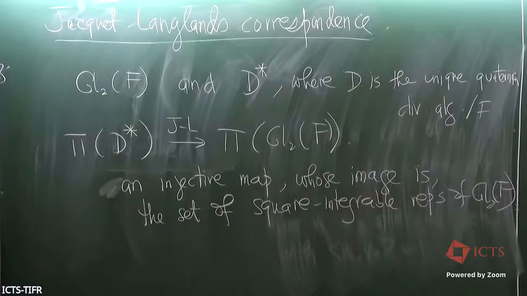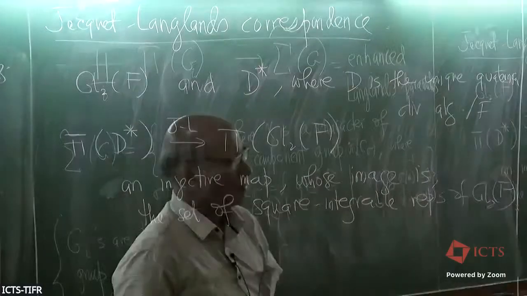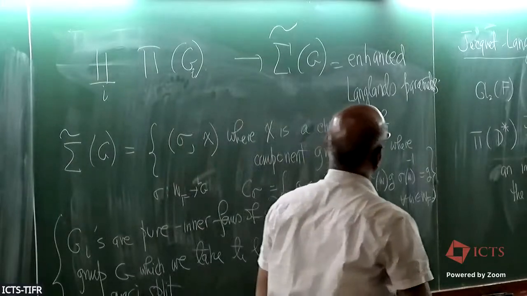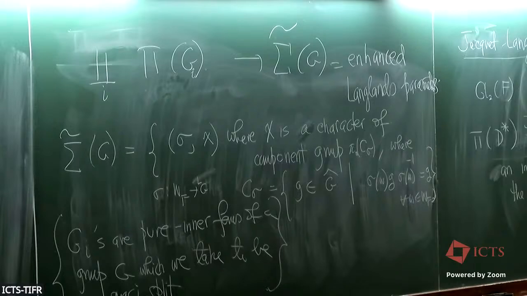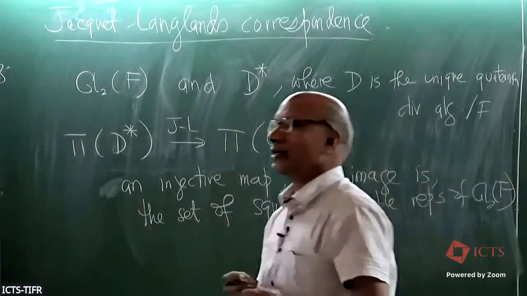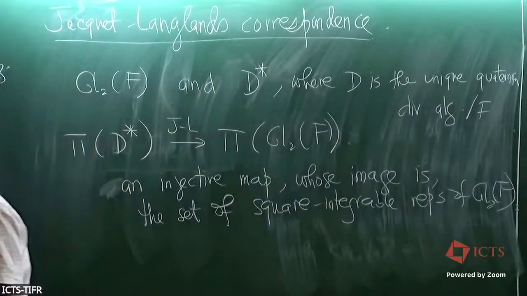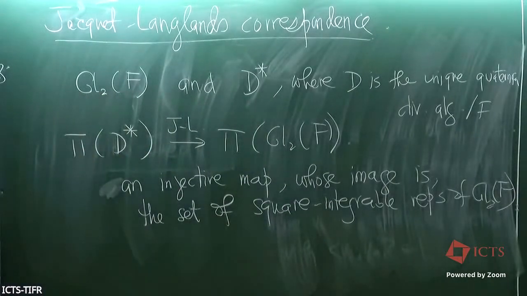For PGL2, the L group is SL2, and there is a component group, plus minus 1. You see, for a discrete parameter, its image is irreducible, and therefore the only thing in the centralizer in SL2C is plus minus 1.